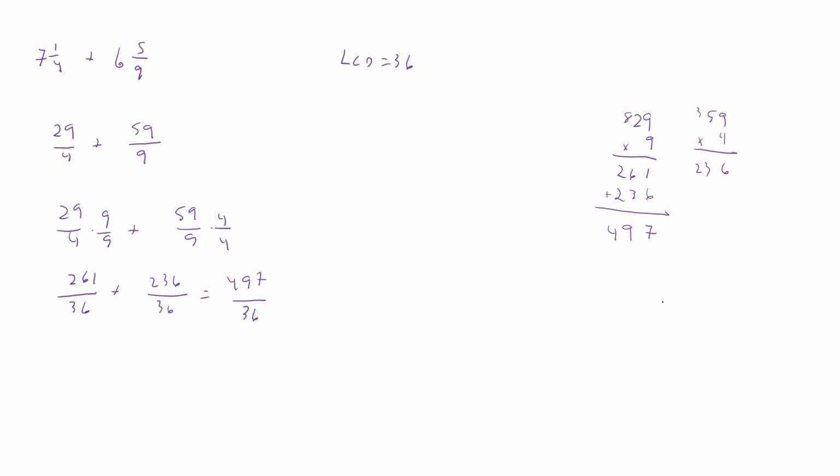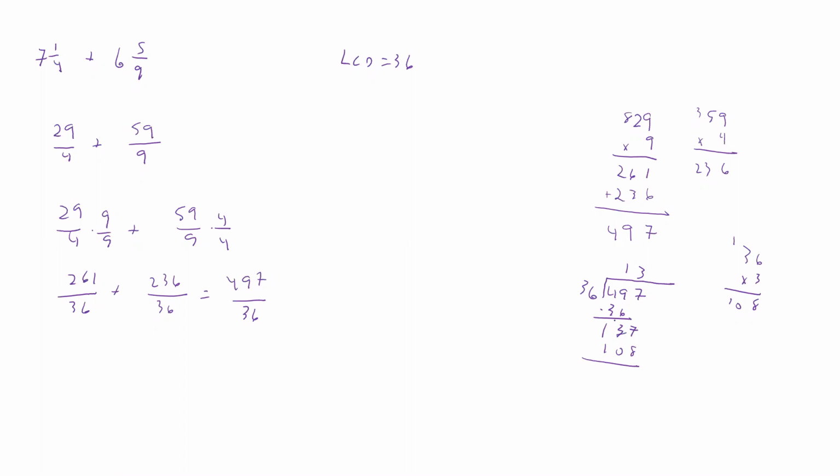Now guess what? We have to divide that. So hence another reason why students don't like this. So 36 goes into 497. So it's 13. 36 times 3 is 108.